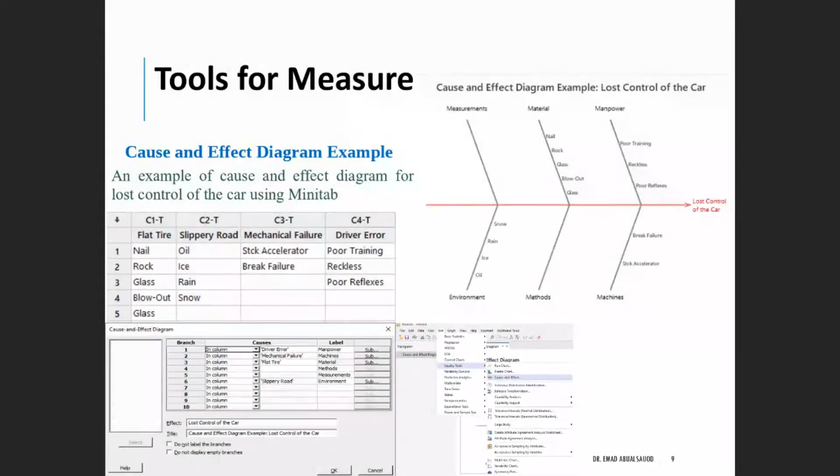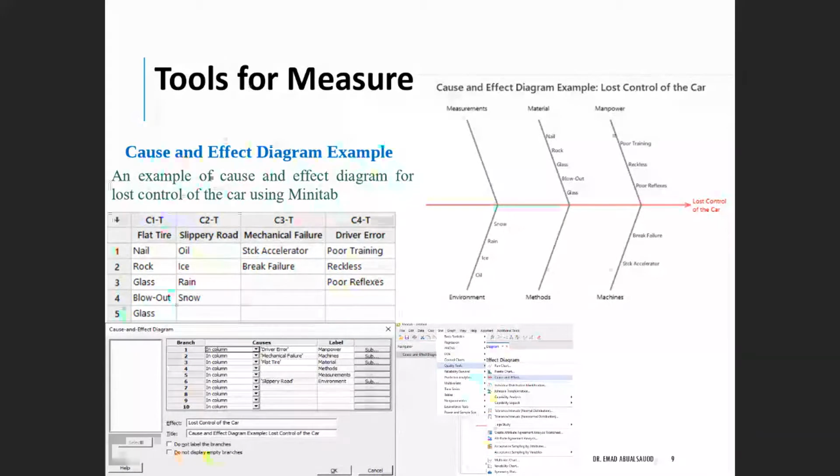For example, training. This is one of the causes for lost control of the car. If we investigate more about the poor training, maybe the school was not providing enough hours for practical training.